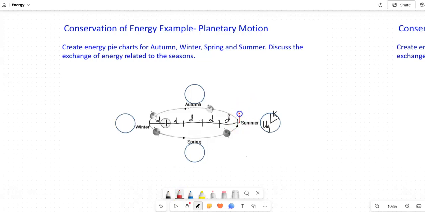What that means is in the summertime for the northern hemisphere, where they're further away from the sun, our velocity is going to be really small. And then as it comes around to autumn, it's going to start speeding up as we get closer to the sun, and we're speeding up.